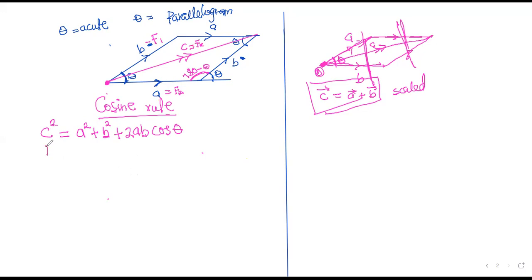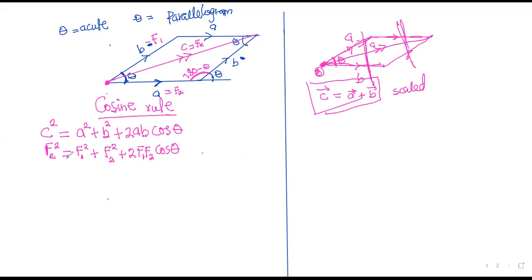We came to the conclusion that the square of the resultant will be equal to F1 squared plus F2 squared plus 2 times F1 times F2 times the cosine of the angle between the two forces. Sorry, I'm still living in AB.